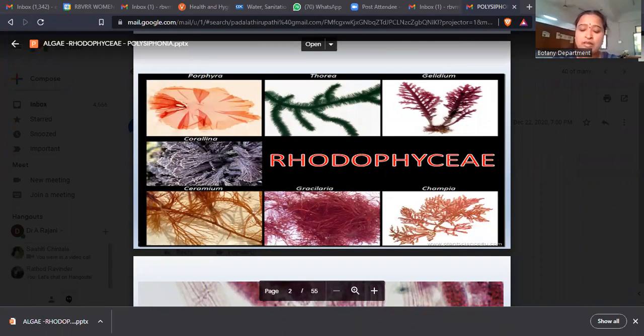First, the members belonging to this class are commonly called red algae. Chlorophyceae is the green algae, Phaeophyceae is called the brown algae, and coming to Rhodophyceae, the member is called the red algae.